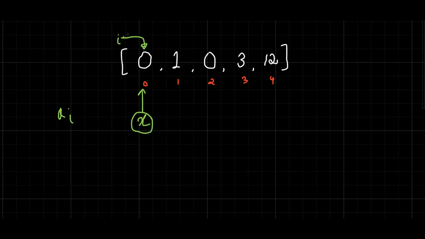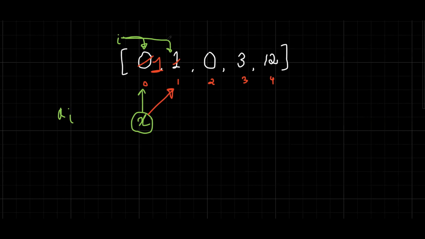Now, our i is pointing to this element 1, which is obviously greater than 0. That means here we have to put the value of 1 into the first index, which is here. Now, as we have placed the value in the first index, we have to update our pointer x.